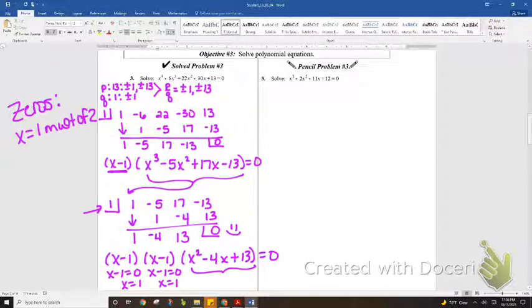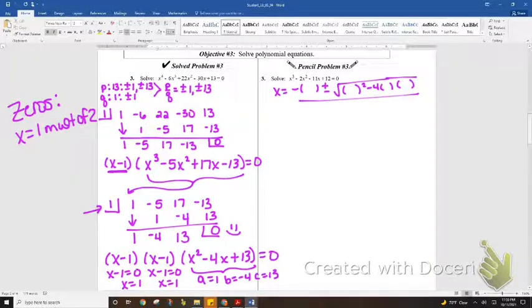Now you have some room probably below this, but if I scroll down, I lose everything I've got. I'm going to do my quadratic formula over here on the next side. So I know that my A is 1, my B is -4, and my C is 13. So we have x equals -b plus or minus the square root of b squared minus 4ac, all over 2a.